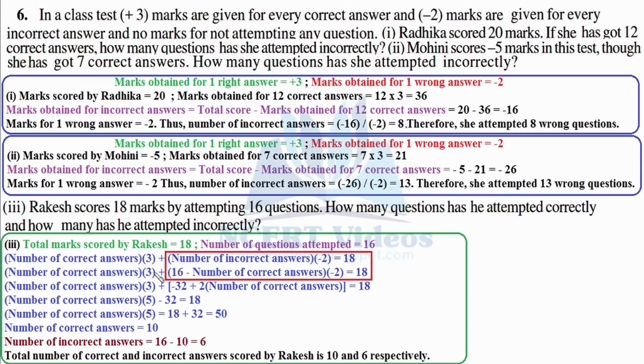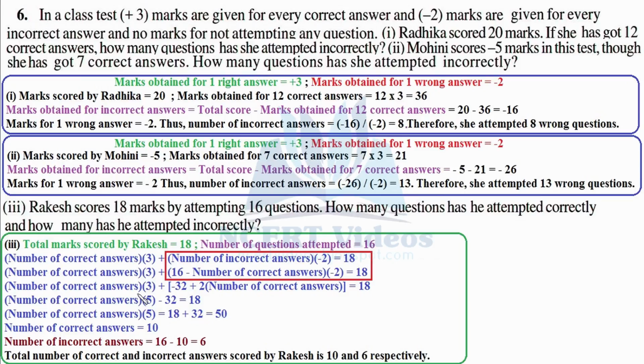Now writing the same thing, plus solving this. This is the associative multiplication property. 16 twos are 32, it is minus, therefore minus 32. Putting it in brackets in order to make our calculation easy. Now again, minus 2 as it is, and number of correct answers here equal 18 as it is. Now solving this, number of correct answers as it is.